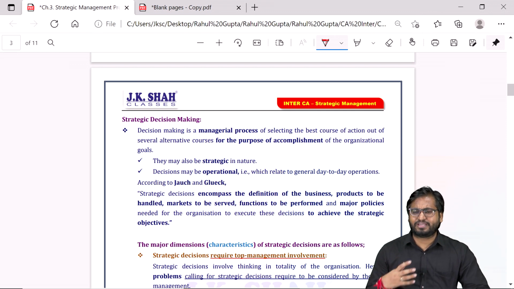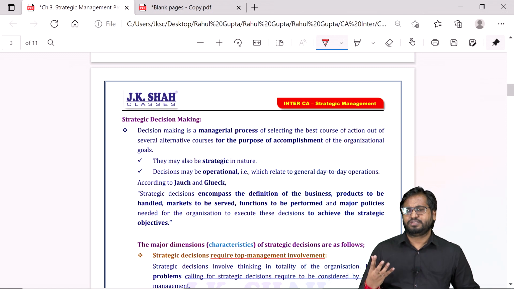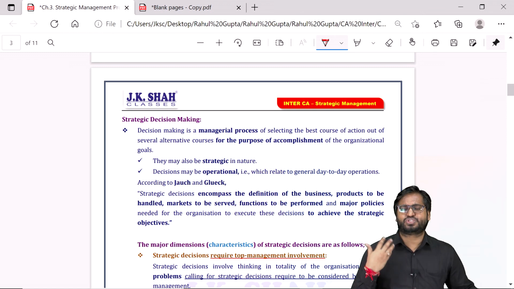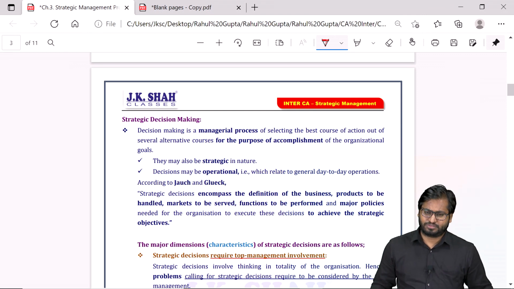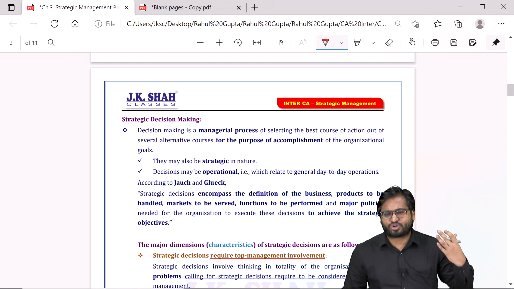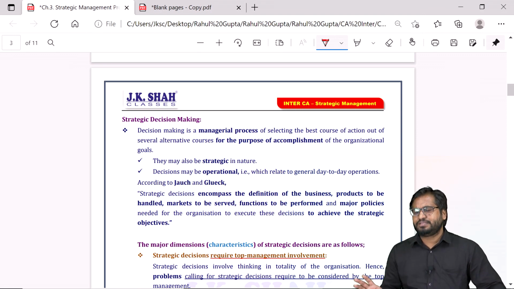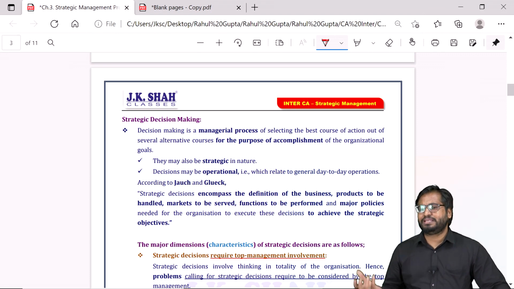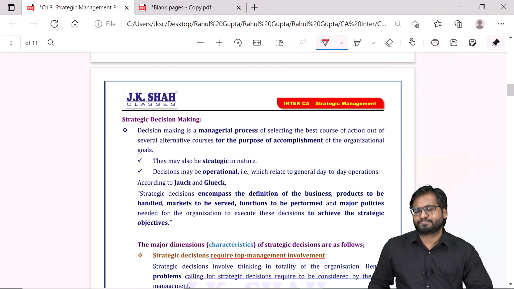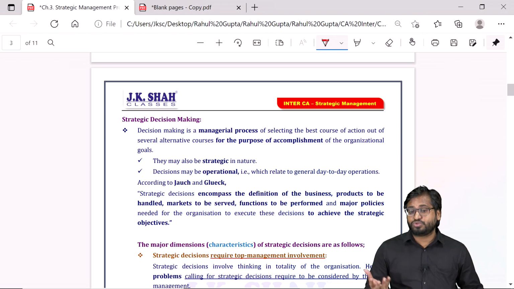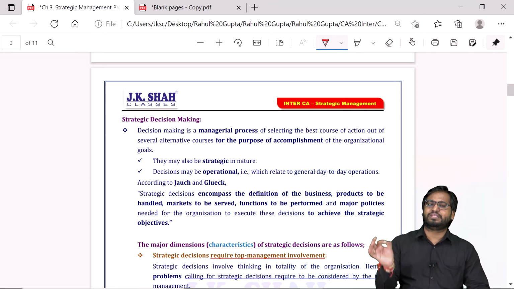Operational decision making refers to day-to-day decision making. Those are the decisions generally taken by functional management: how much to produce, from where to buy the raw materials, how to sell, what price to sell. Those are the decisions taken by functional level managers. What do you mean by strategic decision making? The definition is given by Gluck and Josh.